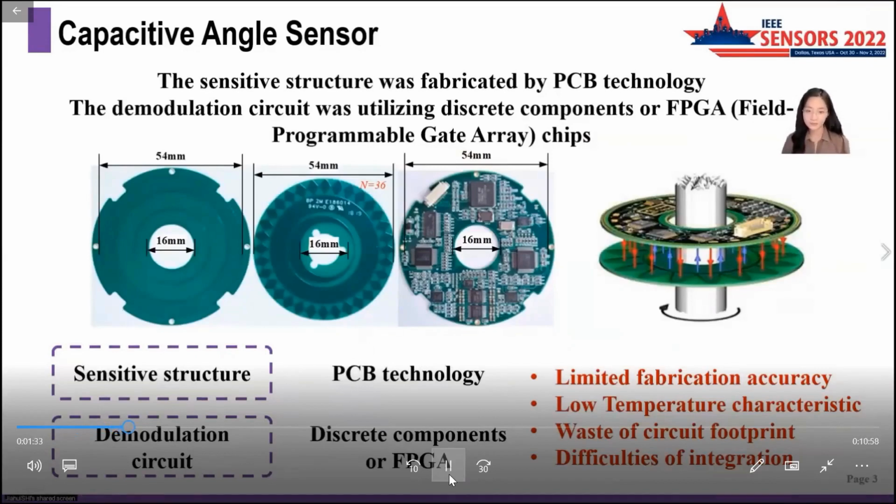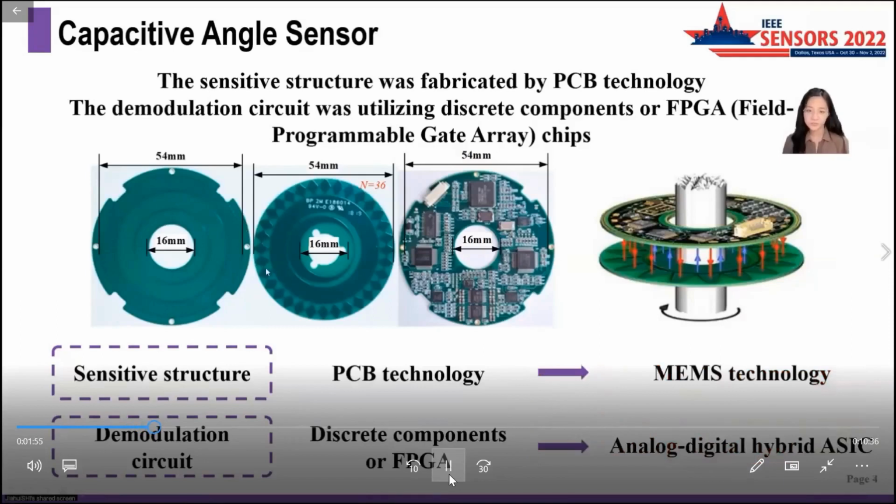However, the size of interface circuits limits the miniaturization of encoders. Some capacitive angle encoders utilize discrete components to demodulate signals and obtain angle information, which causes waste of circuit footprint and difficulties of integration.